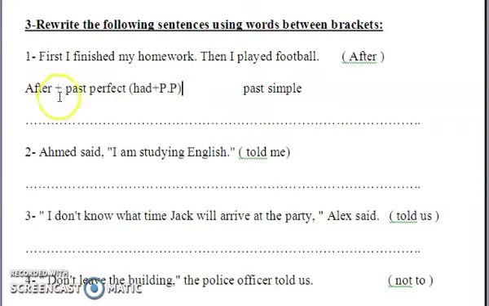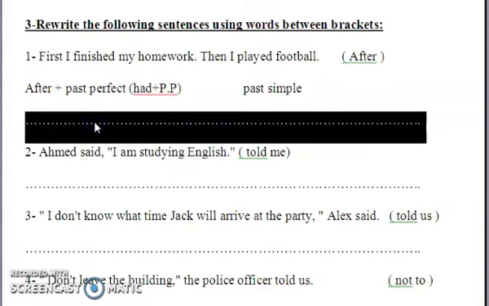Let's check the question here. Number 1. First, I finished my homework, then I played football. What happened first here? I finished my homework or I played football? Yes, of course, I finished my homework. So, I change I finished to I had finished.